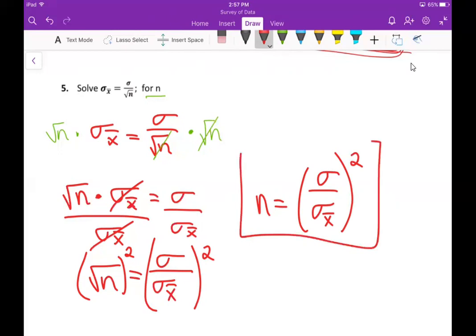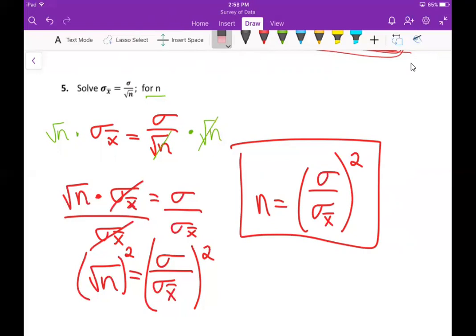And n is alone. That might be one that you need to watch again, okay? Two tricks there. Always multiply out by the denominator if your variable is in the denominator, and square something in order to undo a square root. That property is discussed in your text as well.